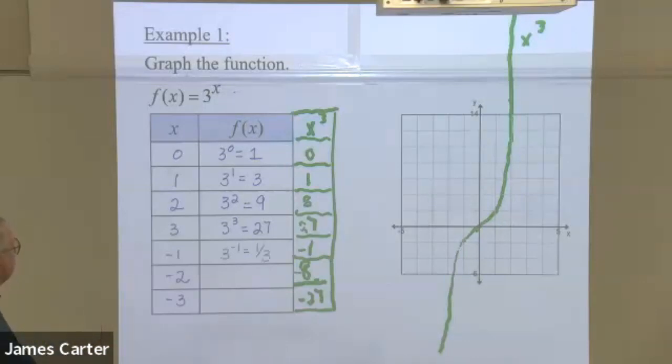And anyway, this curve, and here's some negative exponents. What do you do with negative exponents? You flip the base. What? Wouldn't 3 to the 0 be 0? Nope. Anything to the 0 power is 1.